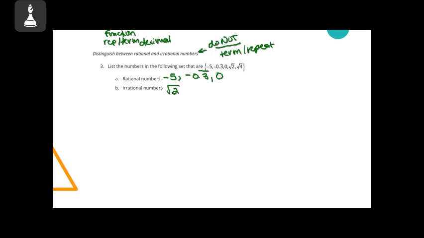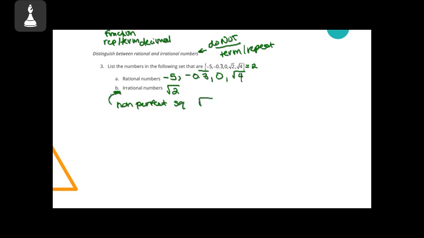But the square root of 4, well, if I do that, I get 2. The square root of 4 is 2, so that comes out to a nice round answer. That is going to be rational. So any non-perfect square under the square root is going to be irrational here. So maybe we should review our perfect squares.